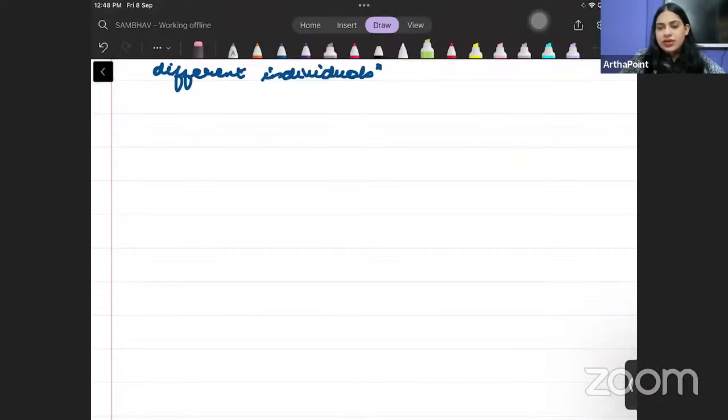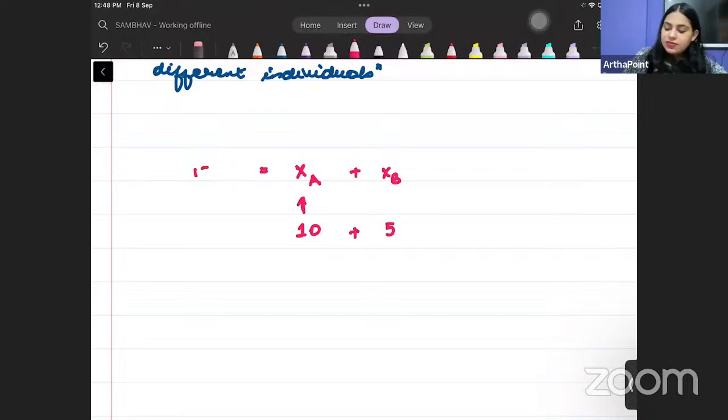Now just imagine, suppose I have to write an equation here. Listen carefully. Suppose individual A consumes X amount of the private good. Let's say the private good I'm talking about is bread. So individual A consumes 10 units of bread. Individual B consumes 5 units of the bread. So 10 plus 5 will be 15.